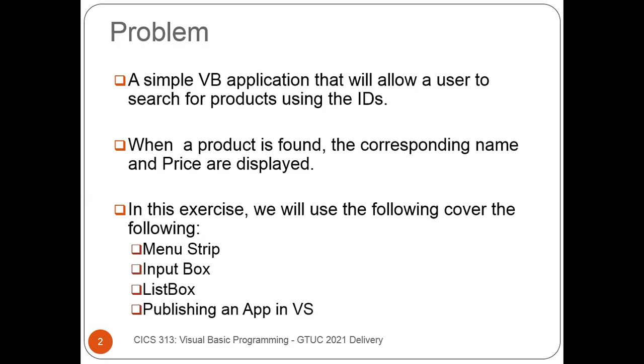So we would use the menu strip, we would use the input box, we would use the list box, and then we will also talk about how to publish an application. Publishing means basically packaging the application for installation. That's what we mean by publishing the application.